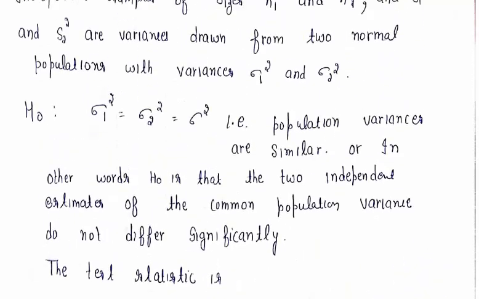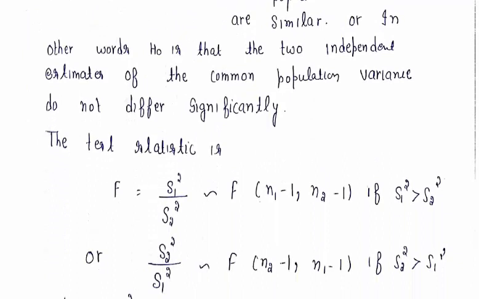After setting up the null hypothesis, we set up the alternative hypothesis as H1: sigma 1 square is not equal to sigma 2 square, or sigma 1 square is greater than sigma 2 square, or sigma 1 square is less than sigma 2 square, according to our requirement.